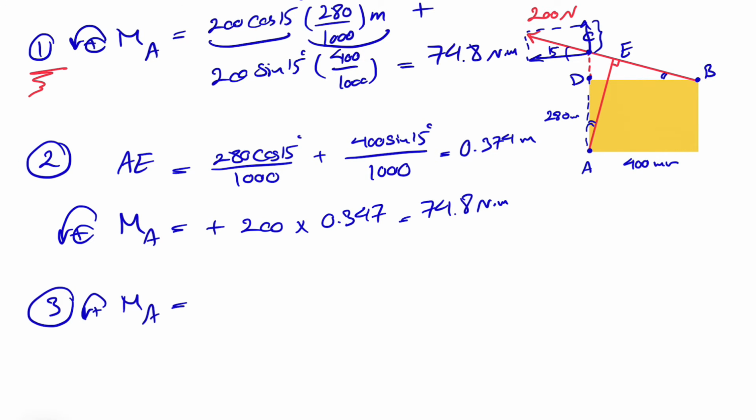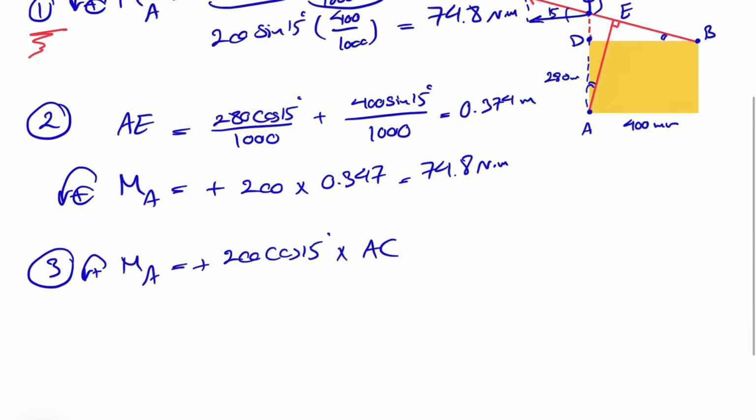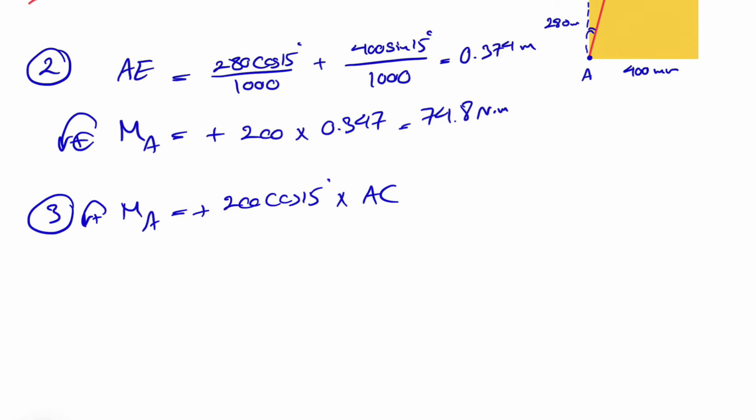Again, this is 15 degrees, which was 200 cosine of 15 degrees. We have a positive sign, for the same reason: the moment is counterclockwise. We have to figure out the distance of AC. So our moment in here is basically 200 cosine of 15 degrees times AC.